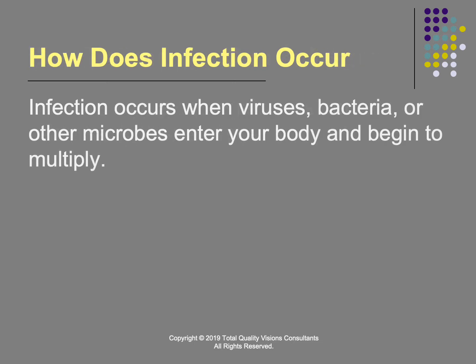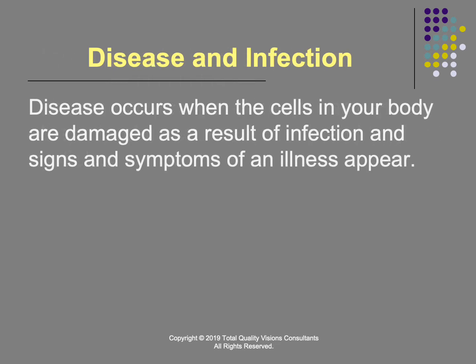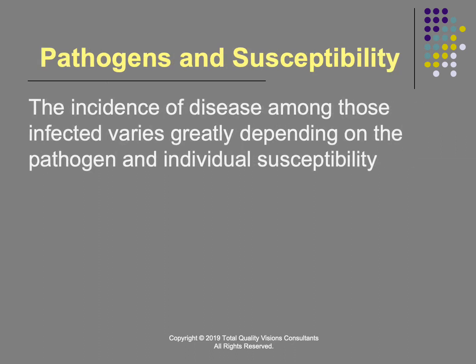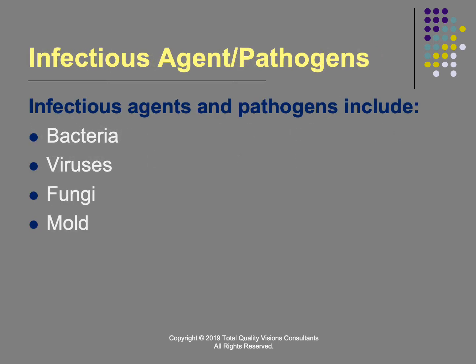Infection occurs when viruses, bacteria, or other microorganisms enter your body and begin to multiply. Disease occurs when the cells in your body are damaged as a result of infection and signs and symptoms of an illness appear. The incidence of disease among those infected varies greatly depending on the particular pathogen and individual's susceptibility.